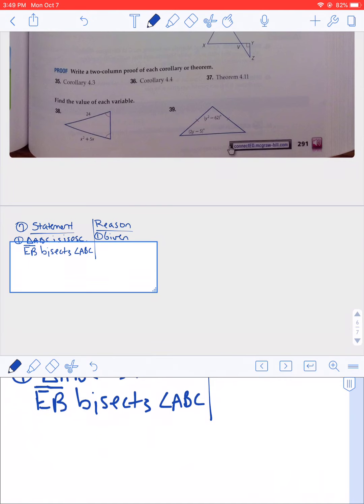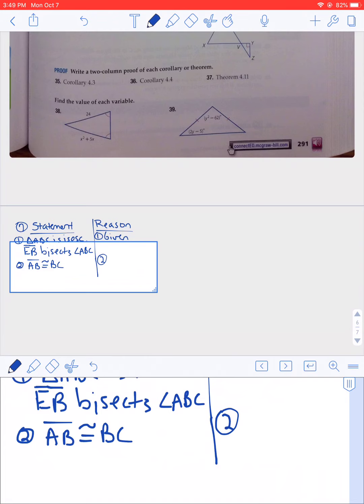Next, we know that AB is congruent to BC. As I mentioned earlier, I know they gave it to us in the picture, and I kind of wish they didn't, because then it's a little hard to tell what you're supposed to write.